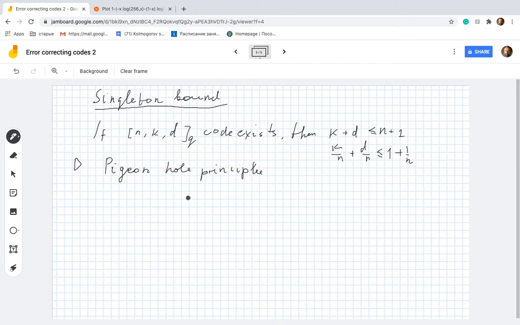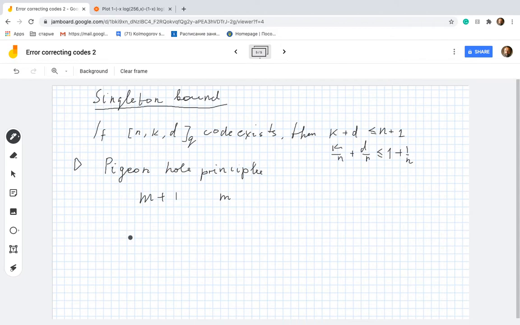It states that if m plus 1 pigeons occupy m holes, then at least one hole is occupied by at least two pigeons.